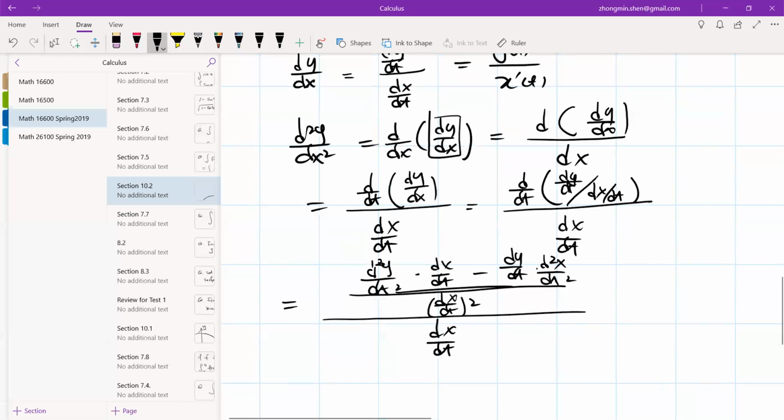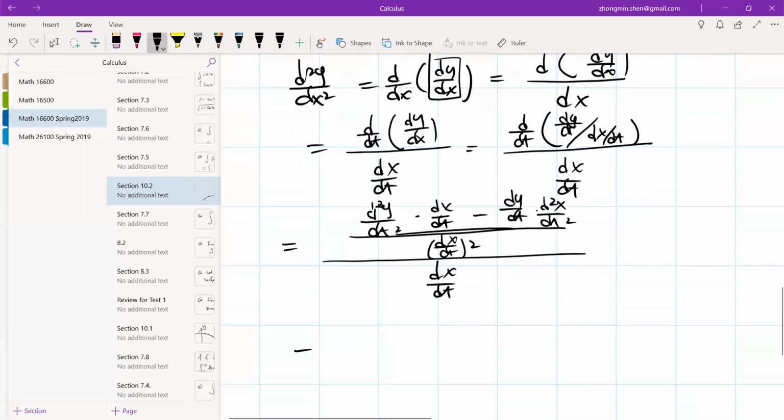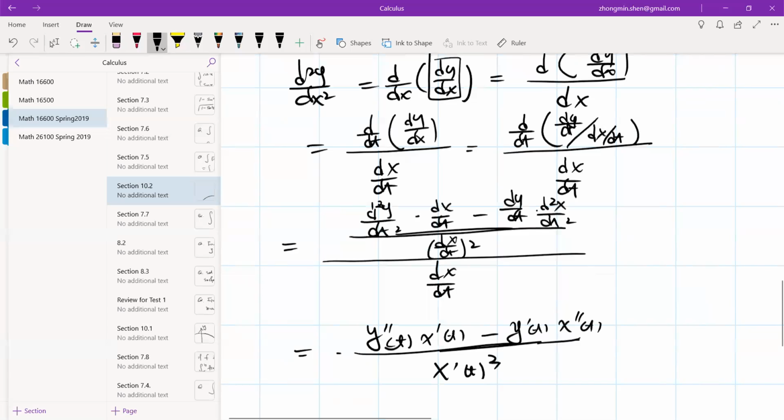So eventually you will get x prime of t cubed in the denominator, and in the numerator y double prime of t times x prime of t minus y prime of t times x double prime of t.